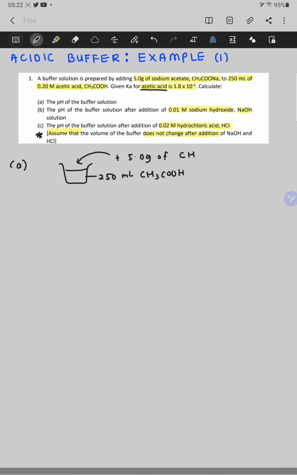Alright, so teacher pernah mention CH3COONa is the salt for the weak acid. Right? Okay, so we would like to find the pH. We know that in order to calculate the pH for this acidic buffer, kita kena guna Henderson-Hasselbalch equation, which is pH equals pKa plus log concentration of salt CH3COONa over concentration of weak acid.